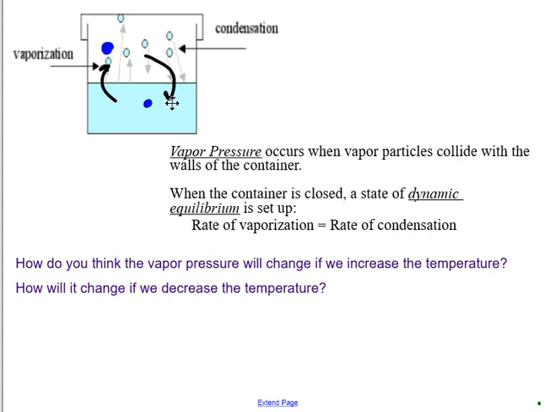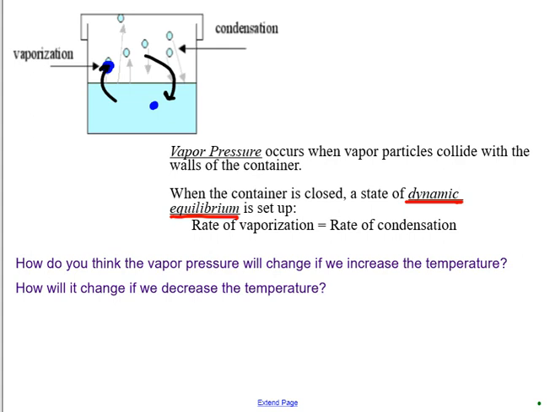This process happens at equal rates. For one that goes up, another comes down. Because it happens at equal rates, we call this an equilibrium. The term dynamic means that this continues to happen. The motion is continuous. So at a certain point, the vapor pressure in a closed container will remain constant.